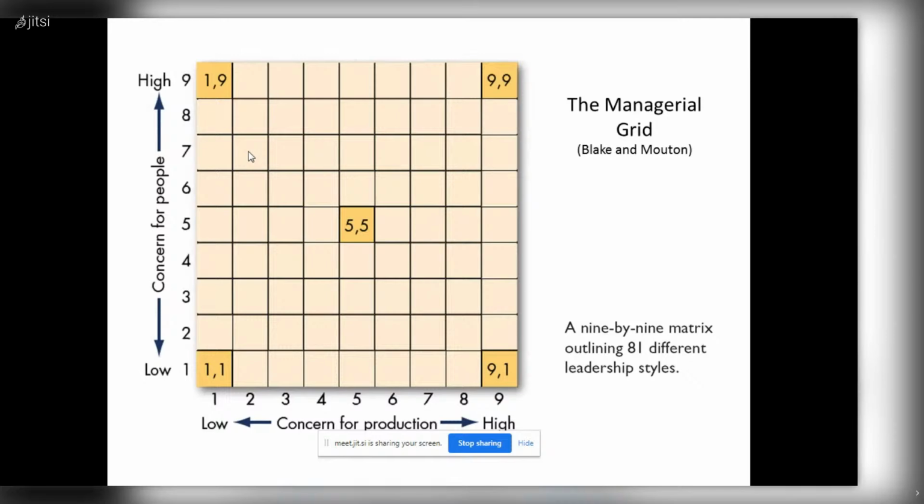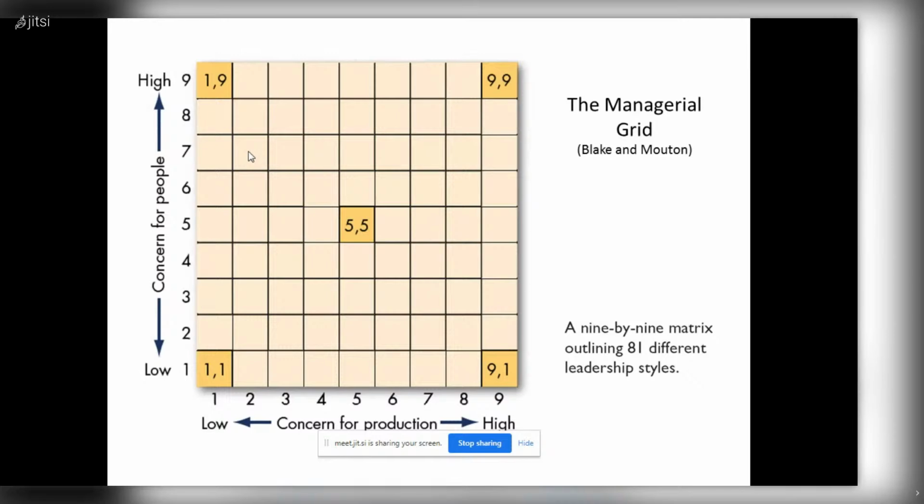But here, even through this grid, we don't have an answer to the question: what made a manager an effective leader? We are unable to find it.